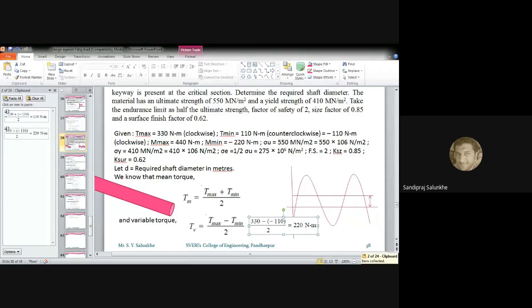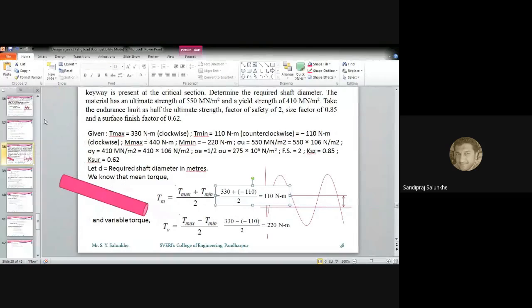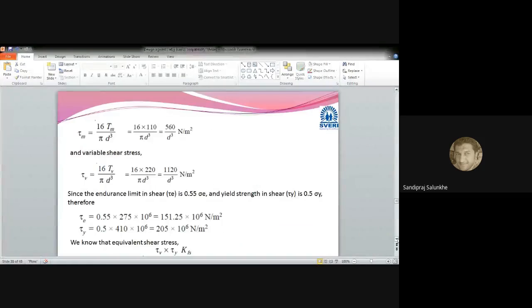Okay, once you calculate this torque, then calculate the stress which will get induced because of the torque, as you know the formula. How can we calculate stress from torque? Tau is equal to 16 T divided by pi d cube.